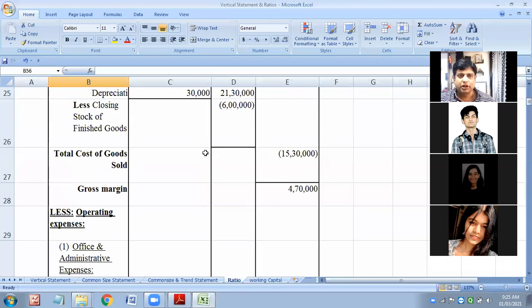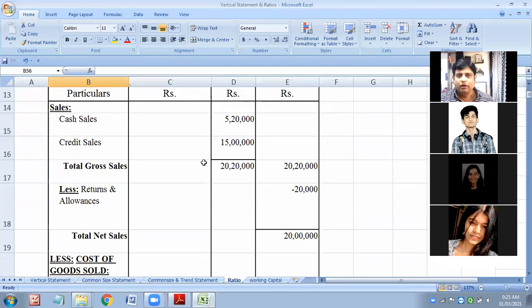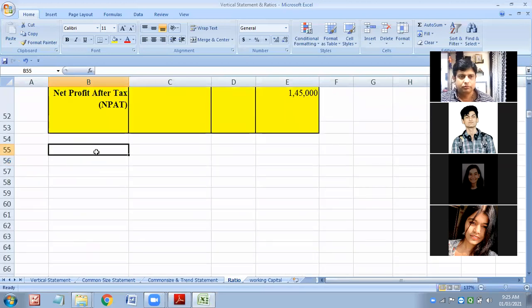Suppose this was the question and they are asking to calculate all P&L ratios. Yes, thank you, Aryan, Ayushi.